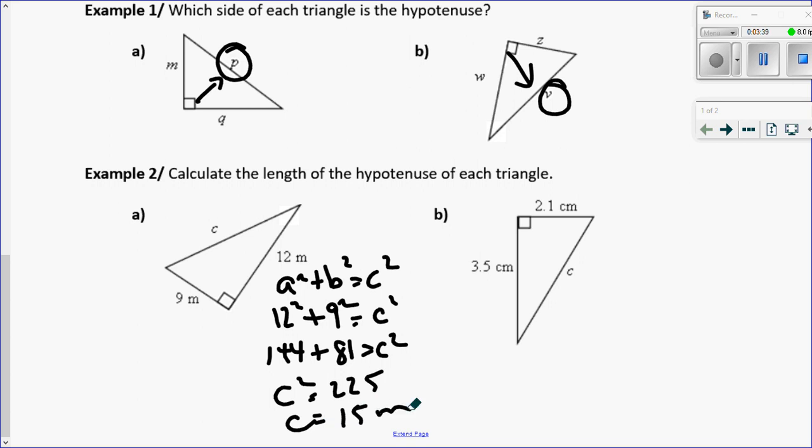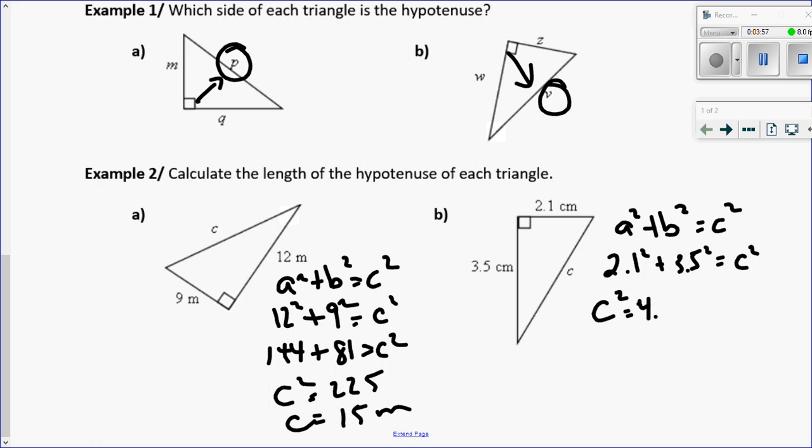And notice I'm putting my units in on the last line. Now notice there's nothing there. It's okay if there's no change.